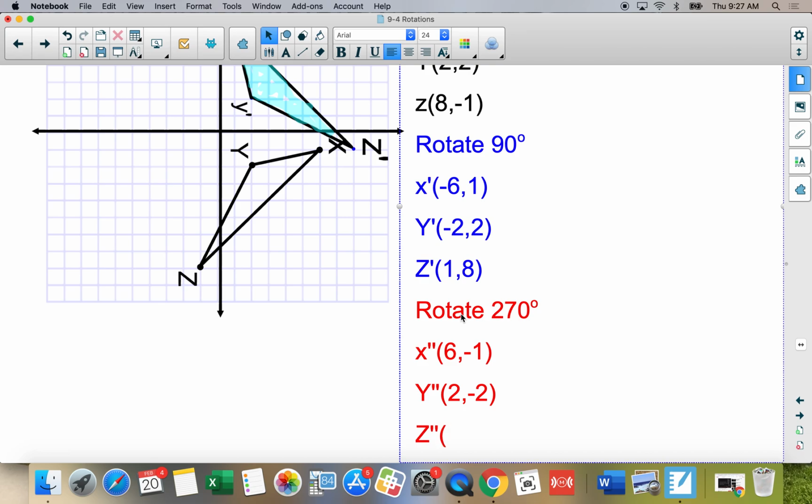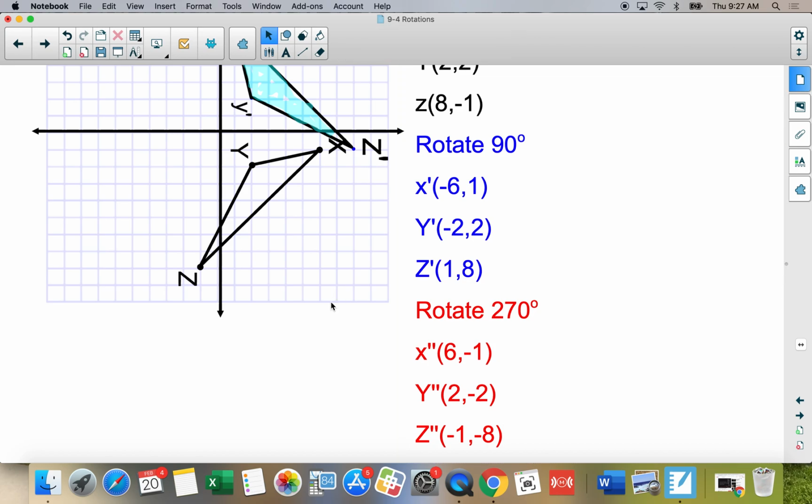Z double prime would be negative 1, negative 8. Is that right? Okay. Yeah, that's fine. I just want to make sure I'm right. Is that okay? Make sense?